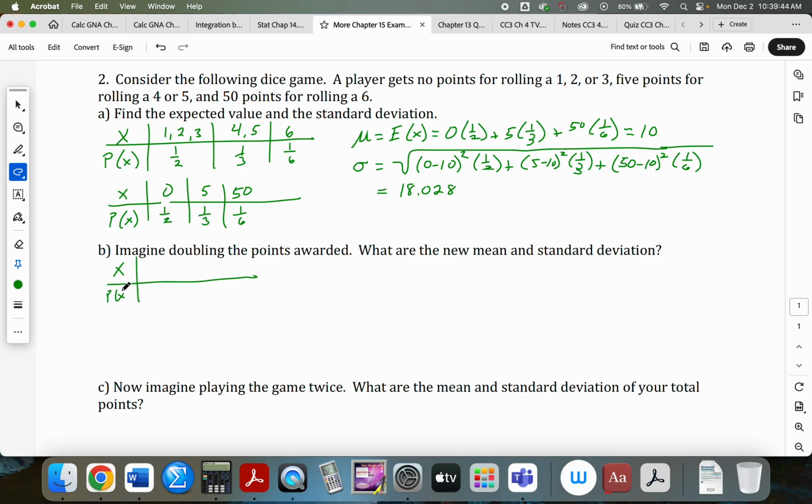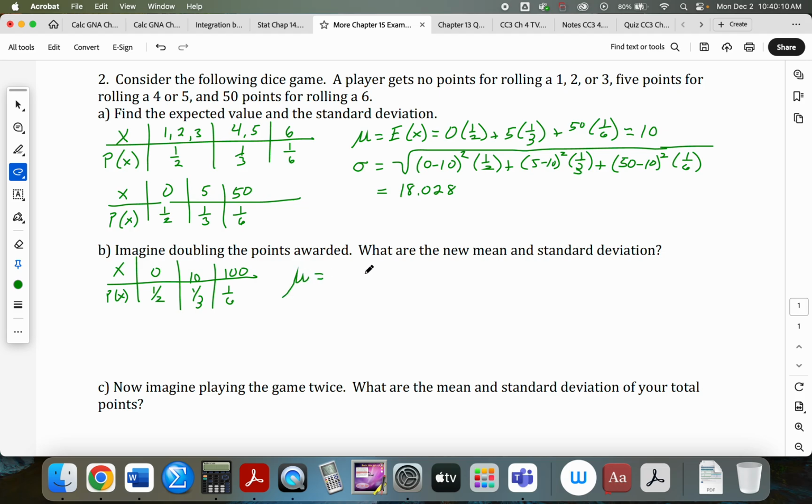Wait, would the mean just be double? Well, we'll see. So I'm going to have 0 points, 10 points, and 100 points. Probability of getting 0 points is a half, 10 points is a third, and 100 points is 1/6.